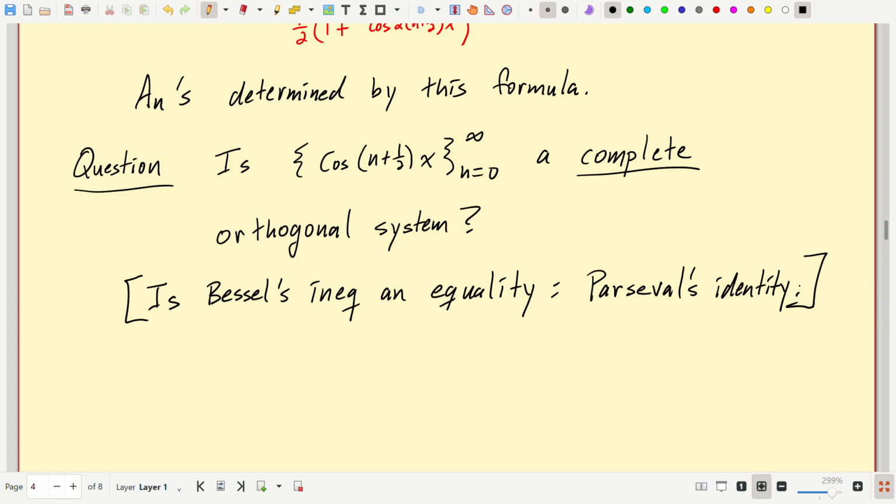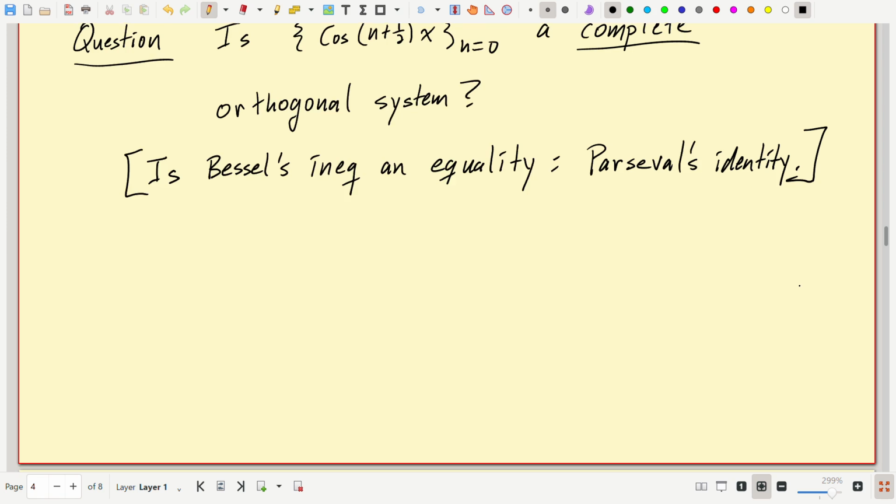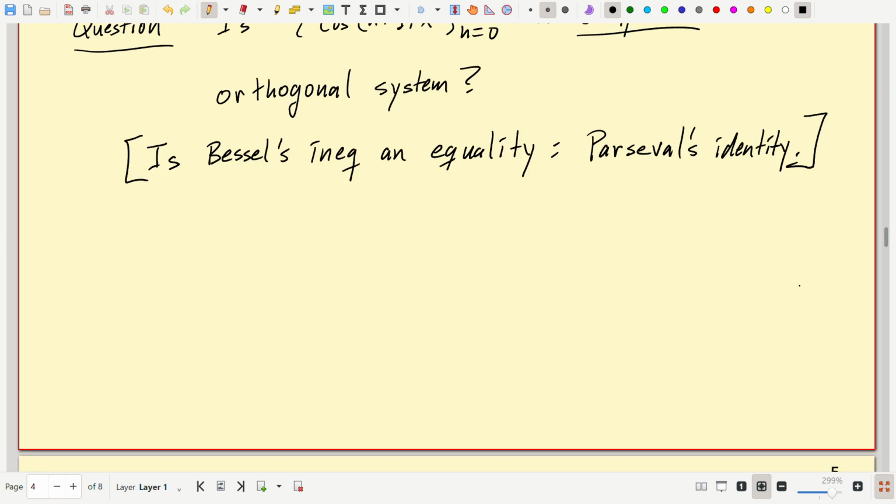Well, in this particular case, we can do something sneaky. We've done sneaky things in the past. For example, we had sine nx, n equal 1 to infinity, on the interval from 0 to pi.